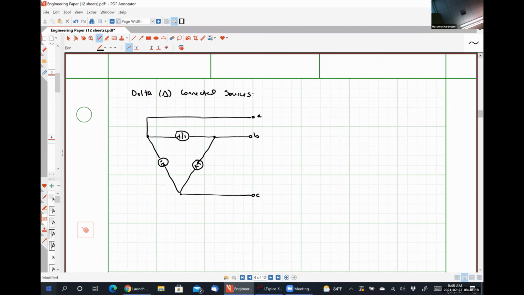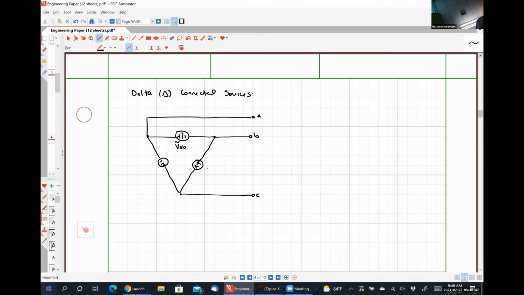So here are our three transmission line terminals. I want you to notice that a delta connected source cannot have a neutral conductor. Literally cannot happen. So we will have a voltage VAB measured between the A and B terminals of our system.